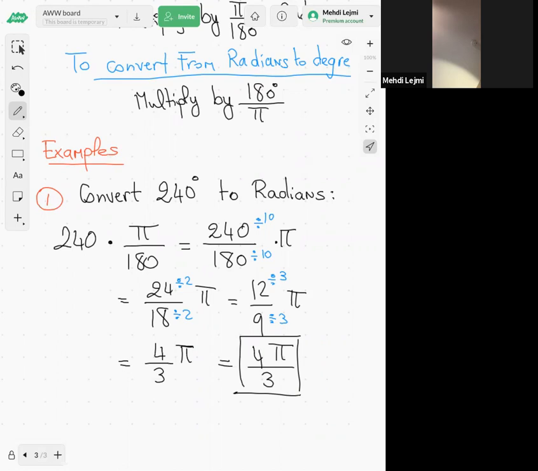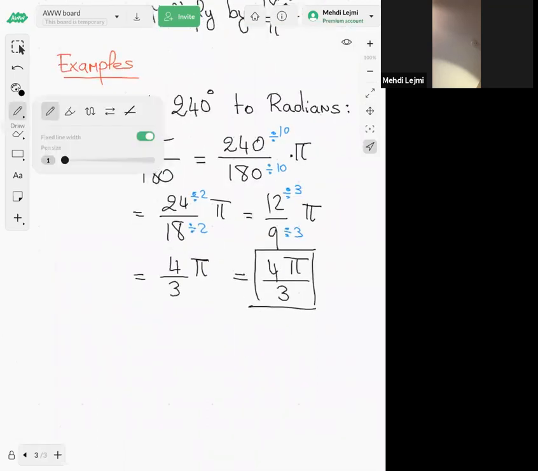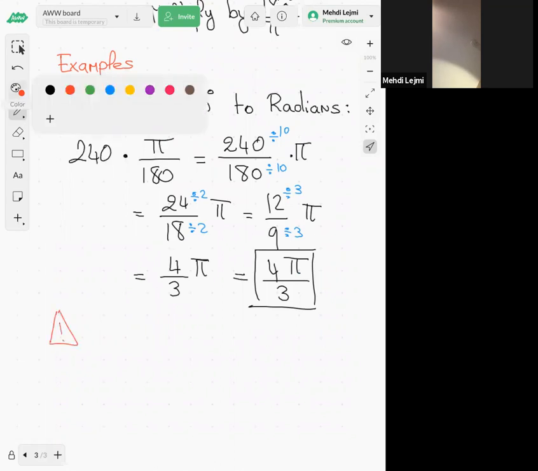Now the other way, if you want to convert radians to degrees. It is very important, guys, that you reduce the fraction.